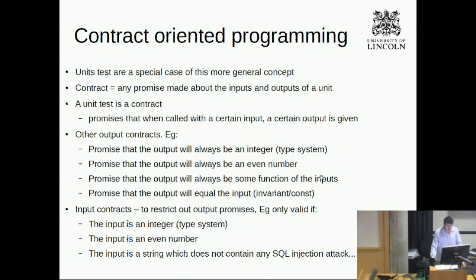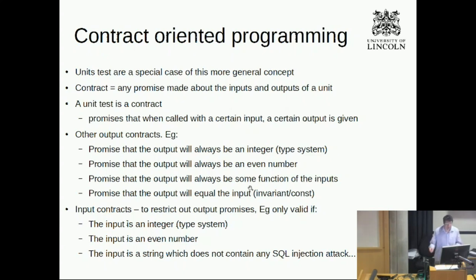More strongly than that, you might promise particular properties of your inputs and outputs. So for example, you'd have difficulty doing this in a regular type language. Promise that the output will always be an even number. Okay, so with a language like C, you can promise that the output will be an int. It's a little harder in C to promise it will always be an even number.